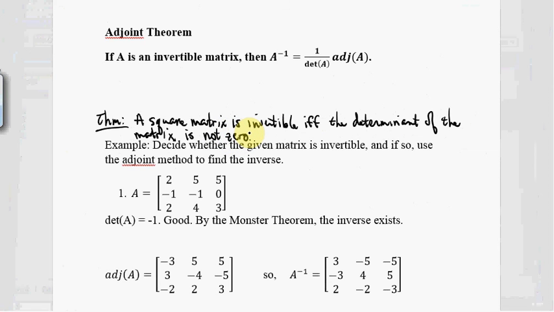So a square matrix is invertible. If it is invertible, then automatically the determinant is not equal to 0.